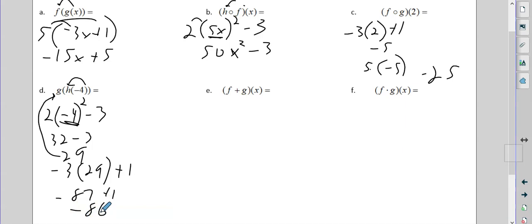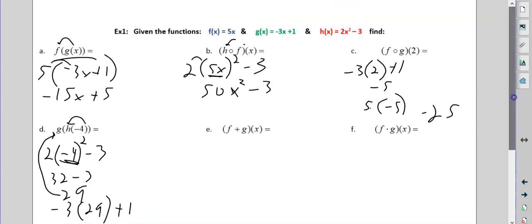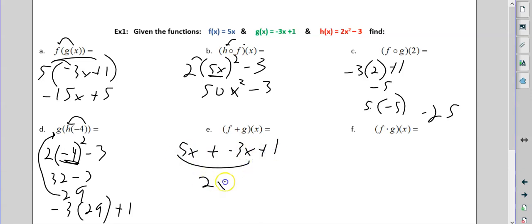Now, for E, we're just going to add F and G. So we literally just write, here's F, add it to G. Combine like terms, 2x plus 1 and that's it. Now notice here, this is not an open dot like in B. That means multiplication.